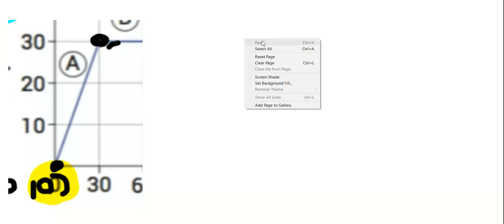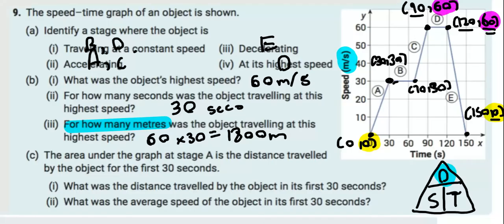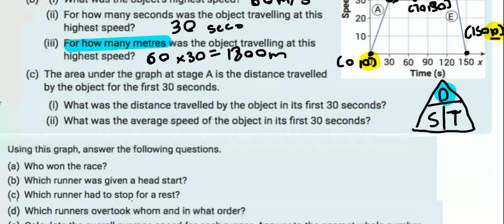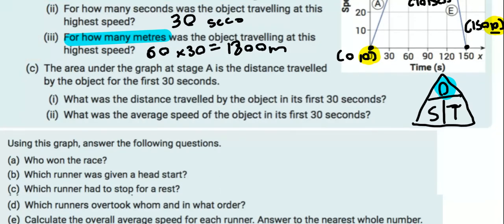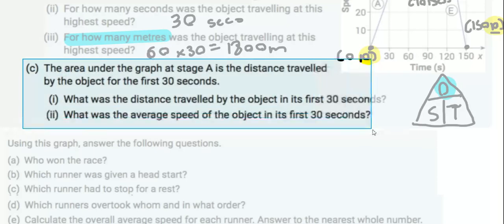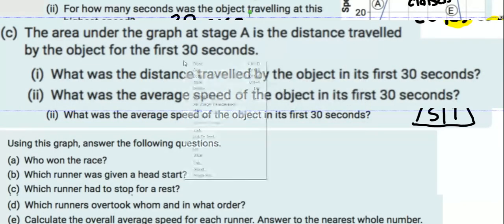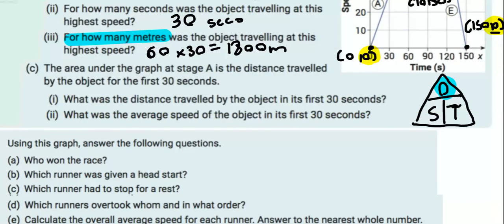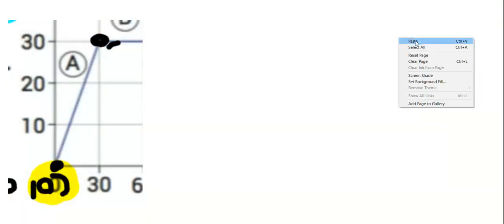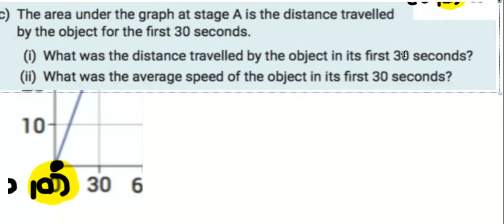So, what happened to it? One sec. Cut, which means I should be able to paste. All right, excellent. Right, ready?